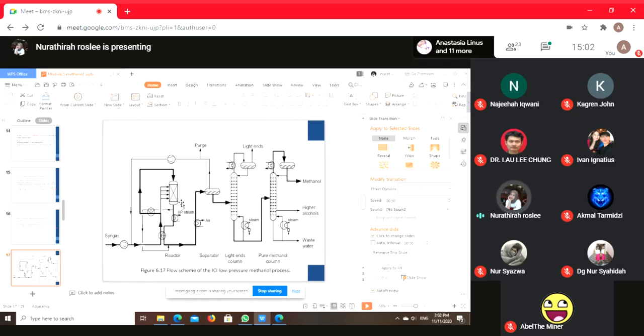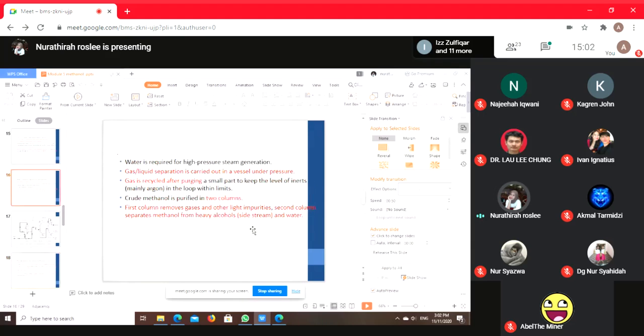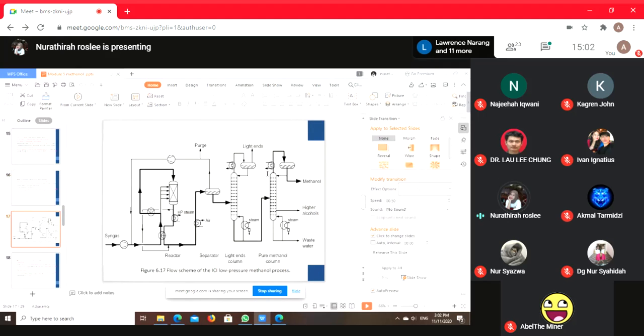Reactor effluent is cooled by heat exchange with the feed, then by passage through an air-cooled exchanger in which the methanol and water are condensed. Water is required for high pressure steam generation, and gas-liquid separation is carried out in a vessel under pressure.